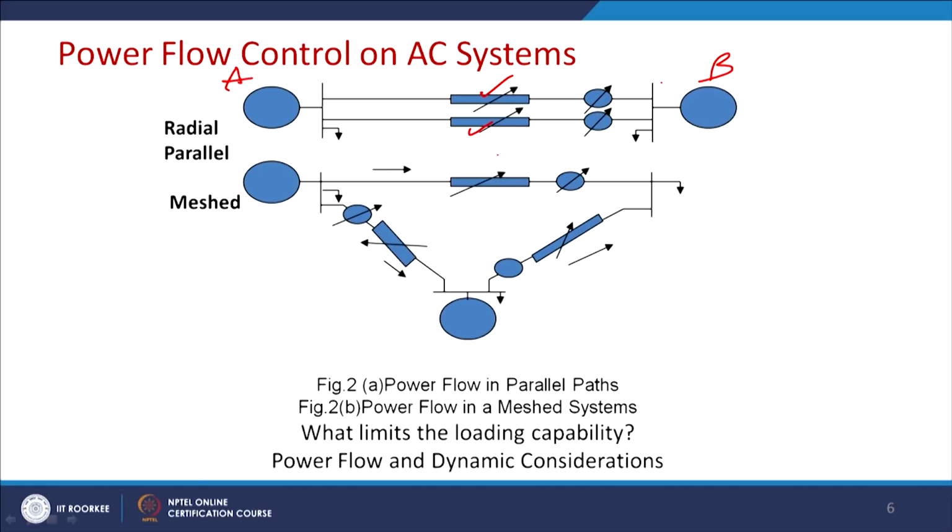Another is a mesh network, say point A, point B and point C. A and B are the generating units and C is a consumer load point. We require to send power from point A to point B. A FACTS device can monitor the power flow between the A, B and C lines.